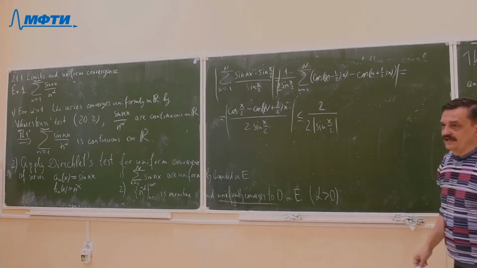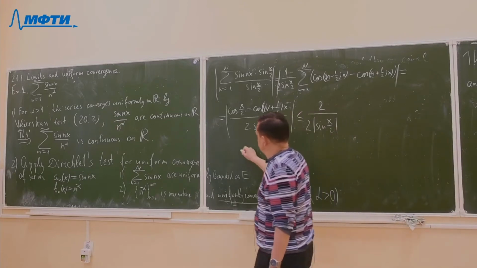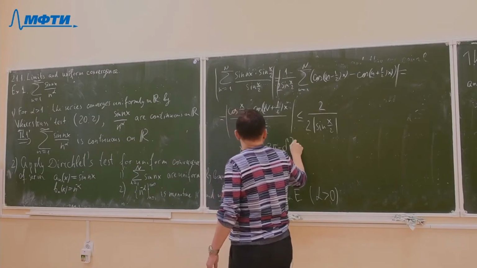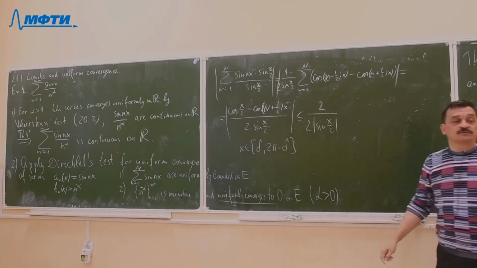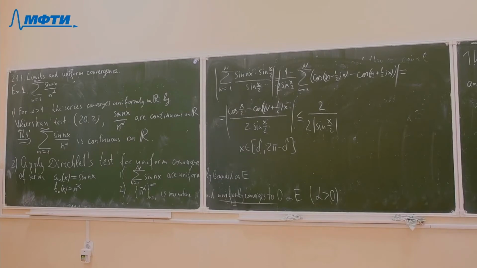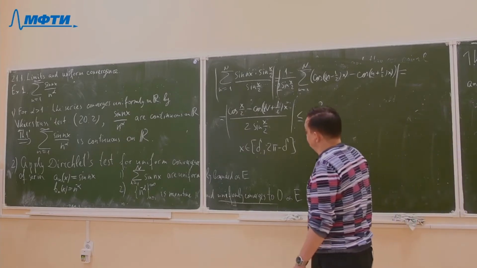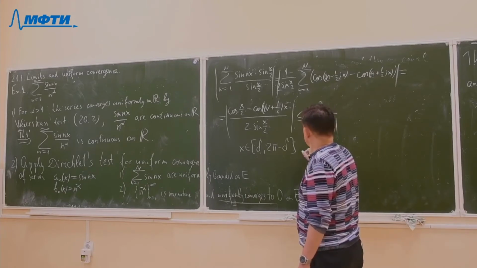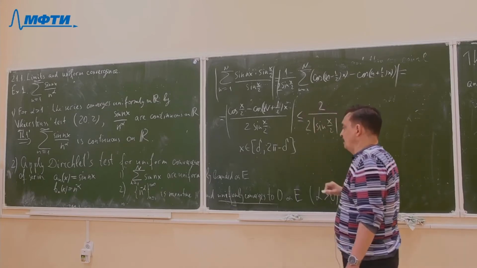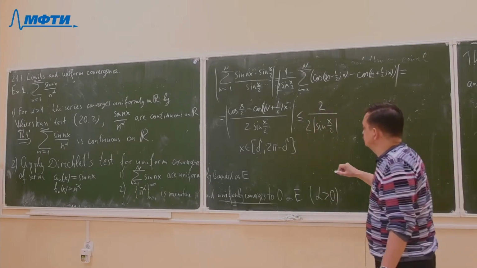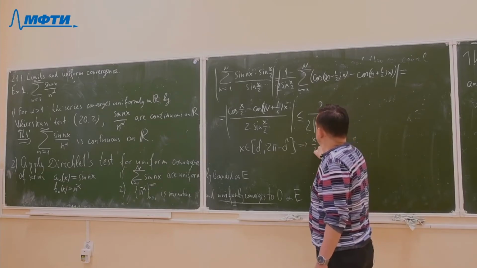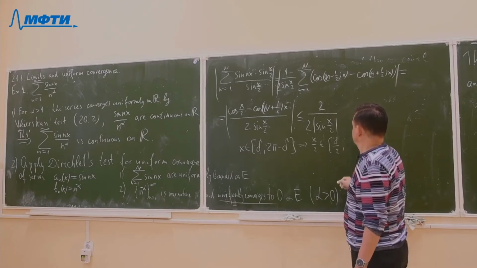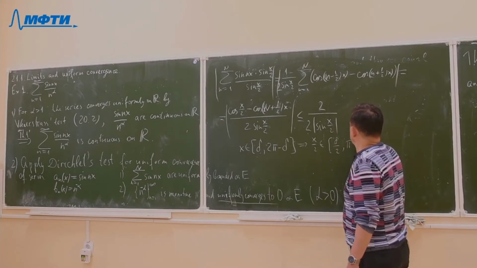And for example, if we suppose x is in the interval from delta to 2 pi minus delta, then x over 2 belongs to the interval from delta over 2 to pi minus delta over 2.